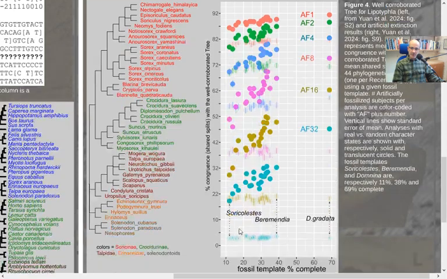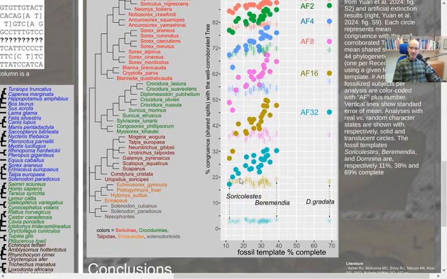as these fossil templates increase in completeness, you get a really striking increase in congruence with the well-corroborated tree. There isn't that asymptote that the O'Leary et al. data set had. Now, this is an easier problem than the phylogenetic issue tackled by O'Leary et al. This is a relatively more recent evolutionary event, the divergence of shrews from hedgehogs, from moles, from Solenodon, and indeed the divergences within Soricidae itself.